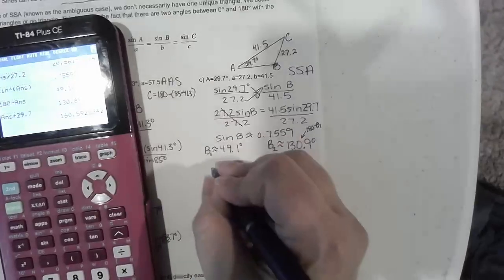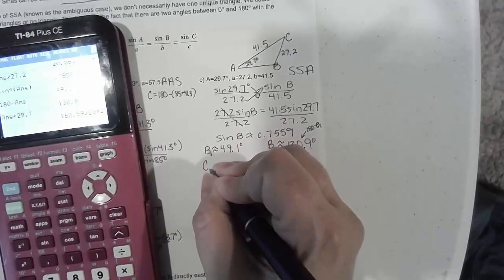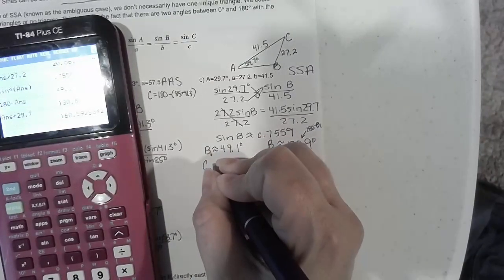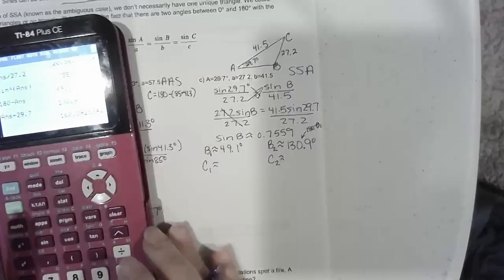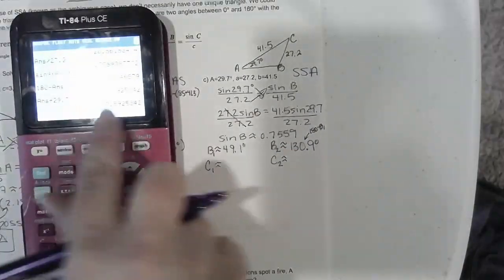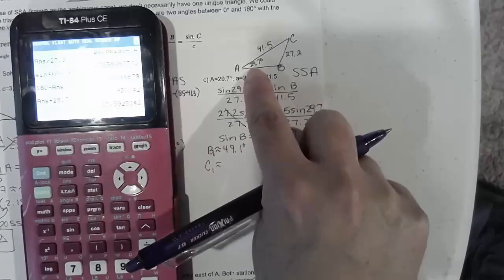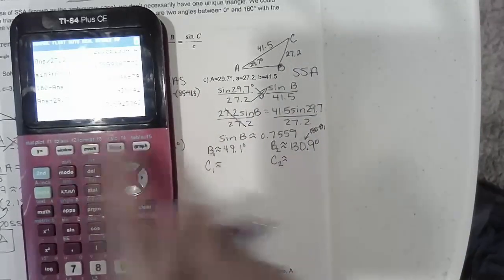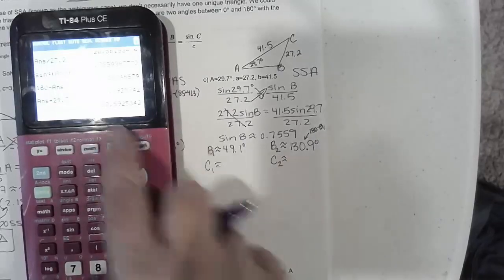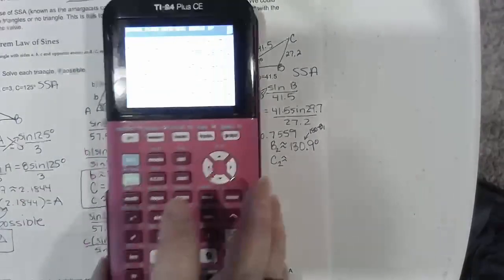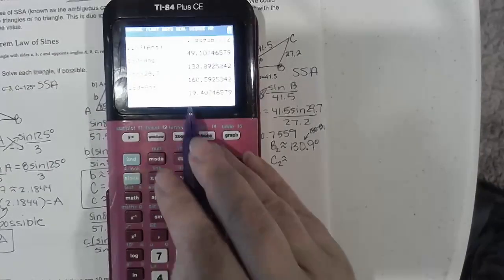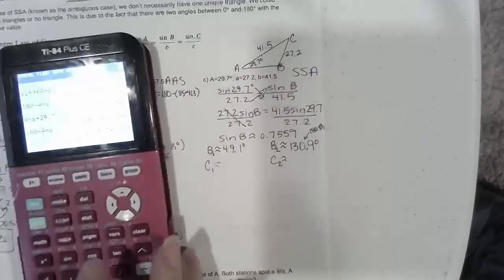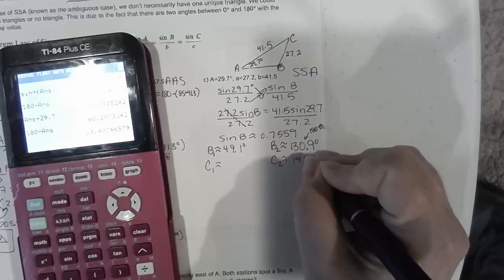So, obviously my next step would be to find angle C1 and angle C2. So, since I had already added the 29.7 to this guy, I'm actually going to find C2 first. So I added those, and then I subtract that from 180. That gives me 19.4 degrees for C2.